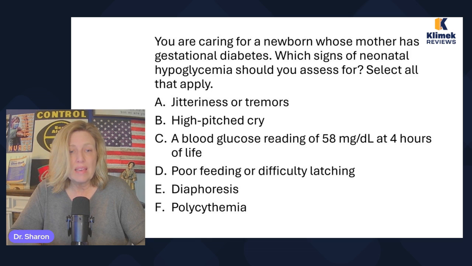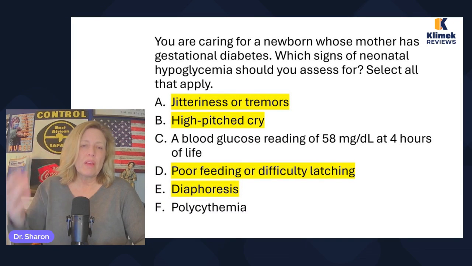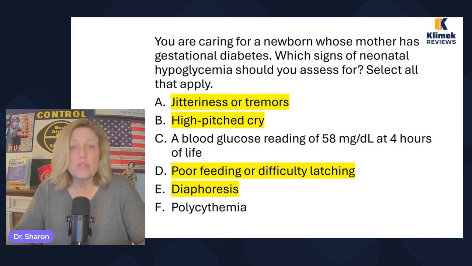Polycythemia is an elevated hematocrit count. Now, elevated hematocrit is usually a symptom of hypoxia, not hypoglycemia. So I am not going to pick that. So no. So those are the correct answers.